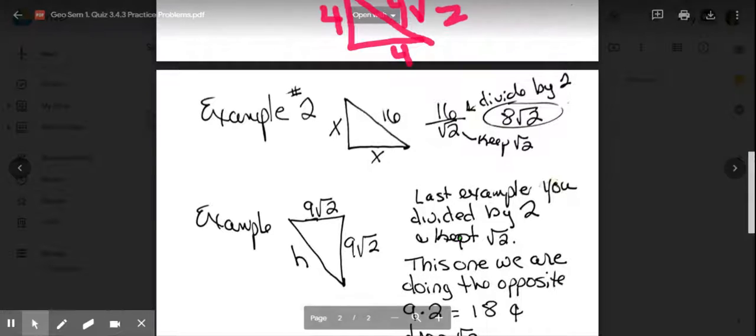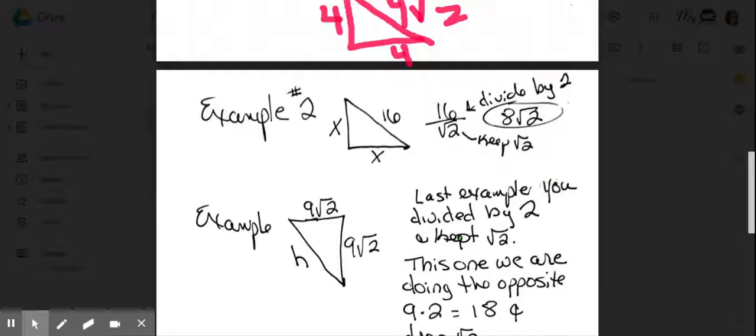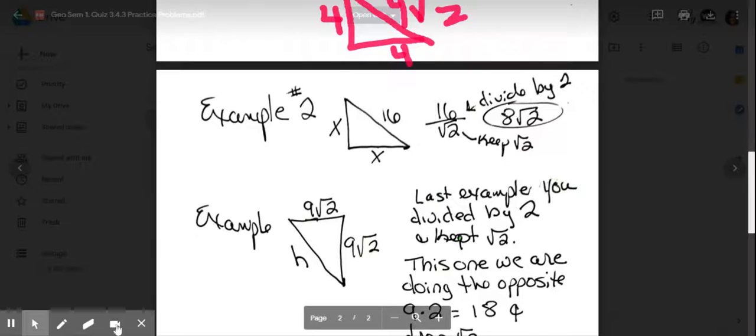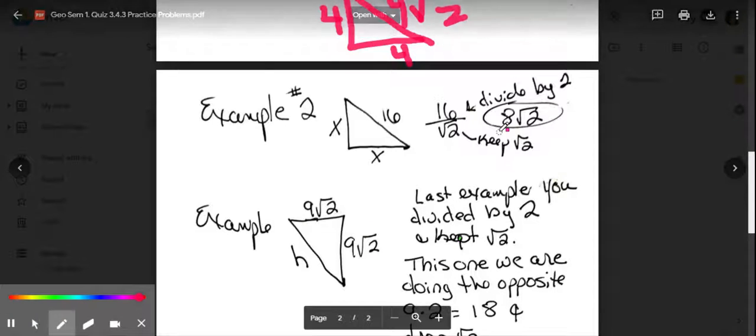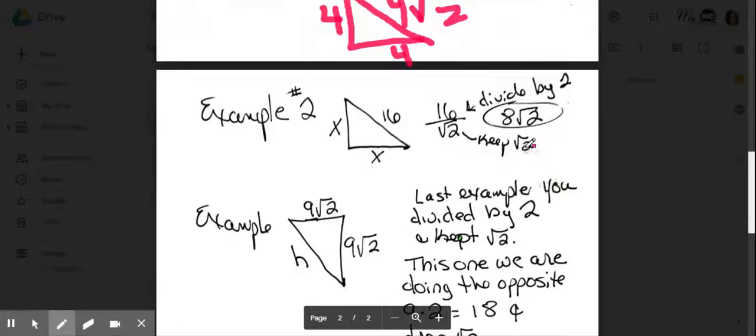What you're going to do is take that whole number, in this case 16, and divide it by 2. 16 divided by 2 is 8. And you're going to keep your square root of 2.